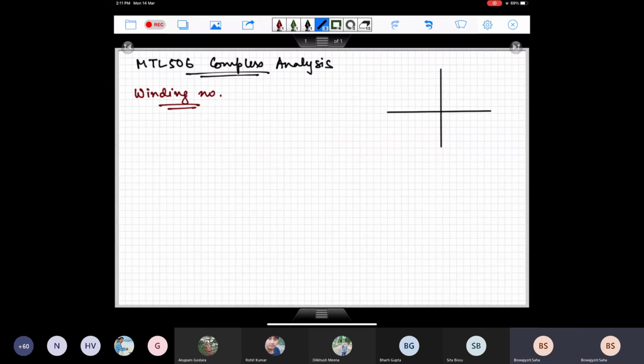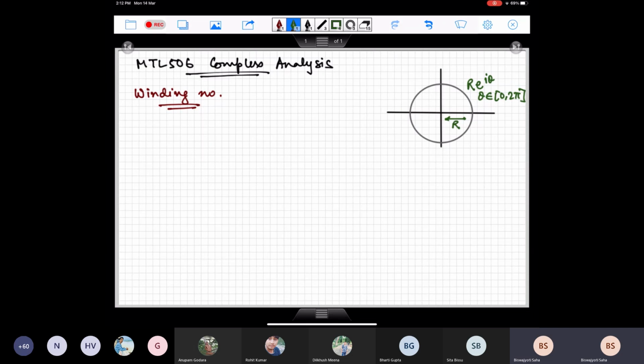So I'm going to give an example in terms of the integral of 1 over z, which we are used to doing. Okay, so let's say this is a circle of radius r, so the circle has the equation r e power i theta. Theta varies between 0 to 2 pi or minus pi to pi, whatever you wish.